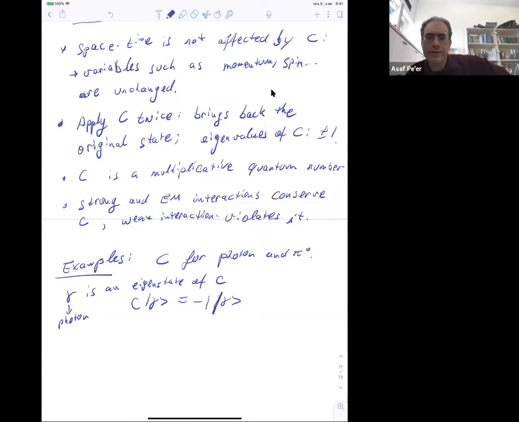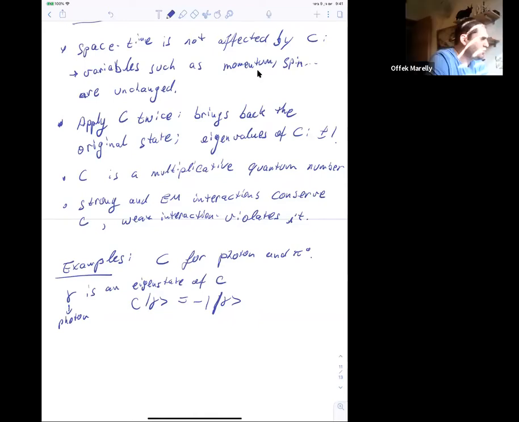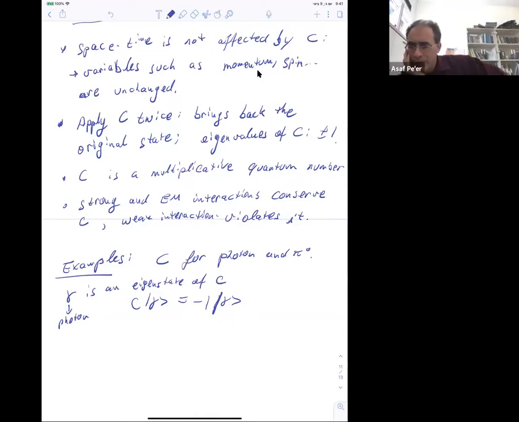There is a very simple intuitive way of showing that it's a -1. What is the photon associated with which field? Electromagnetic. What happens to the electromagnetic field when I change sign? When the electrons turn into positrons, what happens to it?